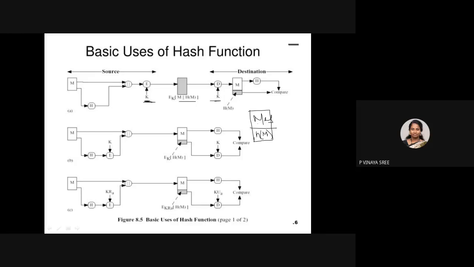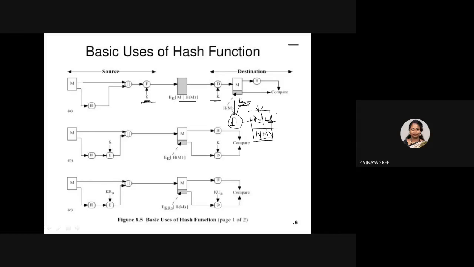The sender will send the message, but I cannot say it as plain text, because initially it will be in encrypted form. So what will the receiver do? The receiver will decrypt with K. The key which is used by the sender, the same key will be used by the receiver. After decrypting, the receiver will get the plain text and the hash value.